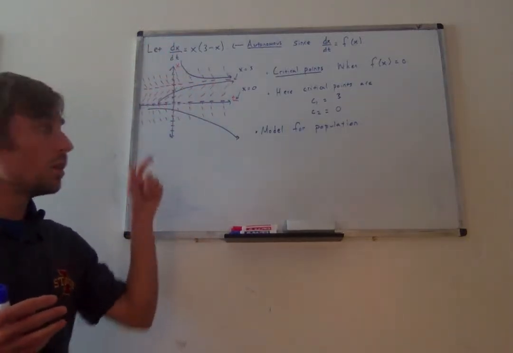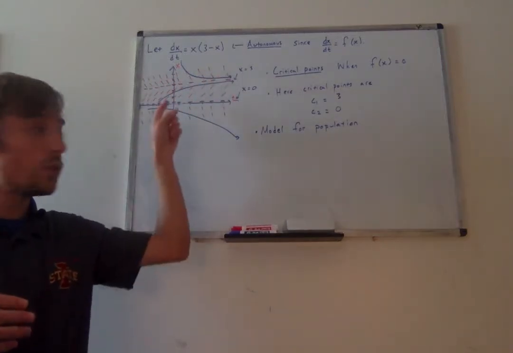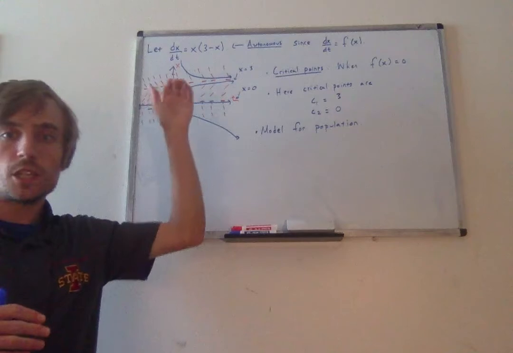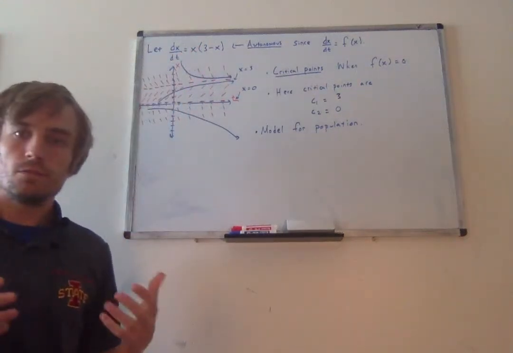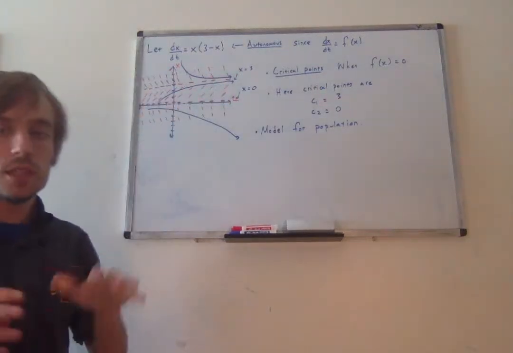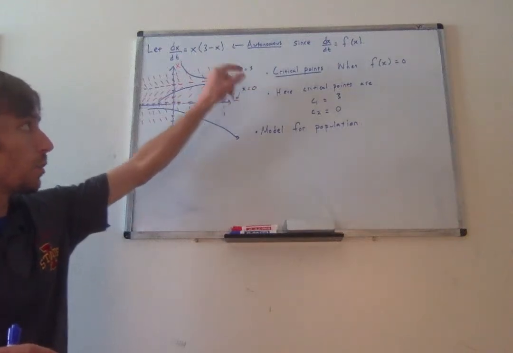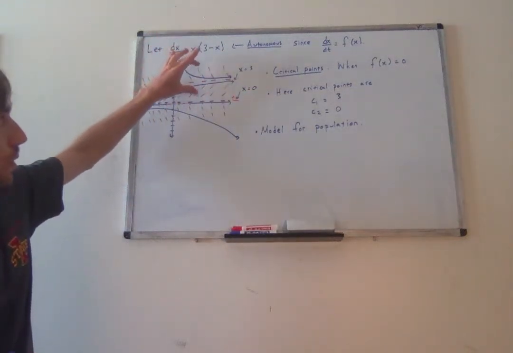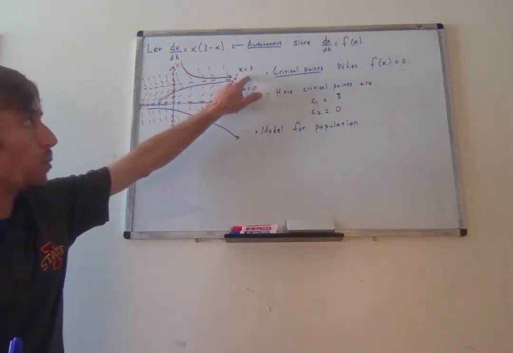And so if the population starts below this line, it tends to increase until it reaches that carrying capacity. Anything above this line, maybe there are too many members of the population for the environment to support, and it would have to decrease until it hit this line. So everything in this region always tends to this critical point of x equals 3.